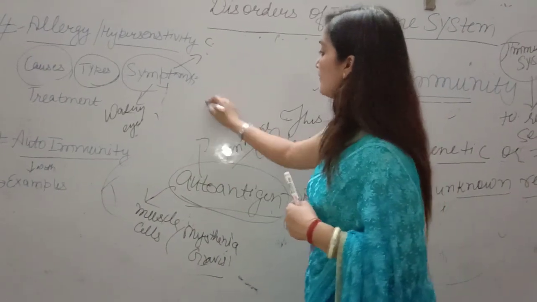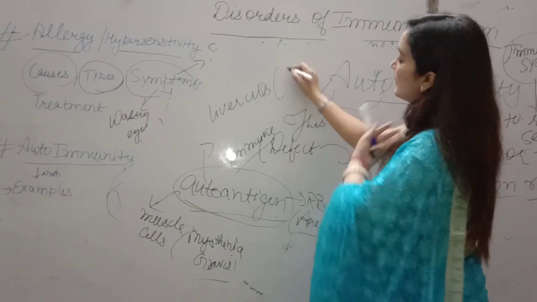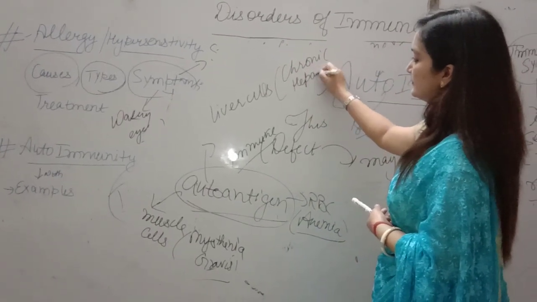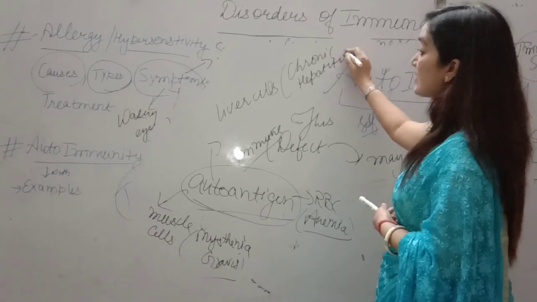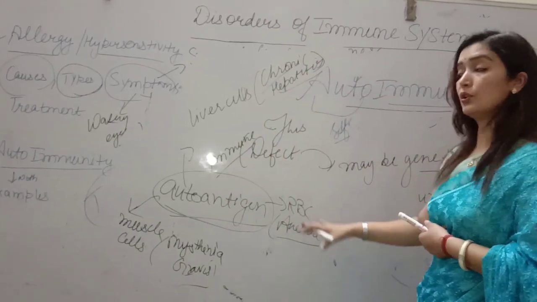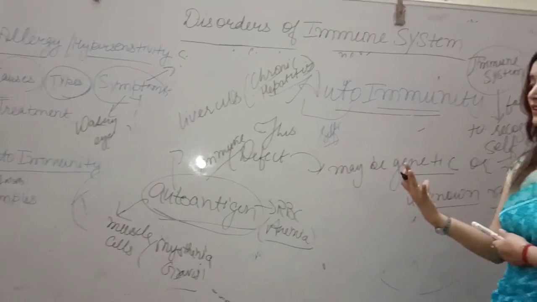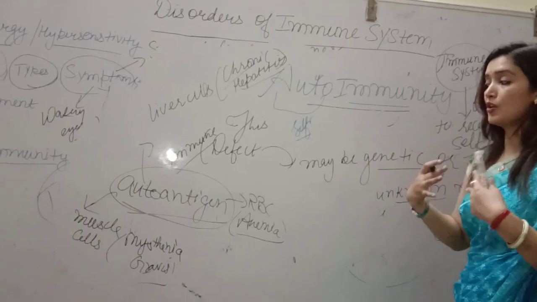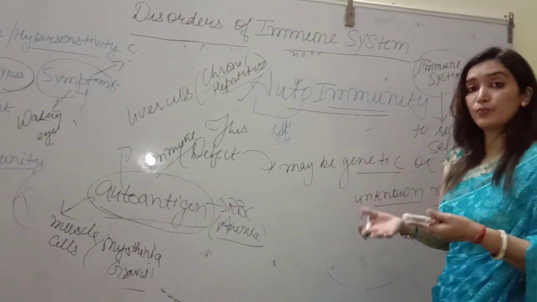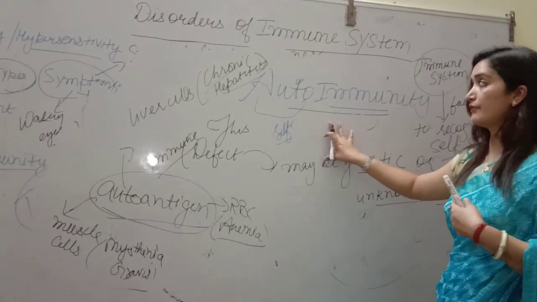It will cause chronic hepatitis. These are some ill effects, or harmful effects, caused by autoimmune response. Alright students, so our own immune system, which is there to protect us, acts against our own body, and that is a very harmful disease.